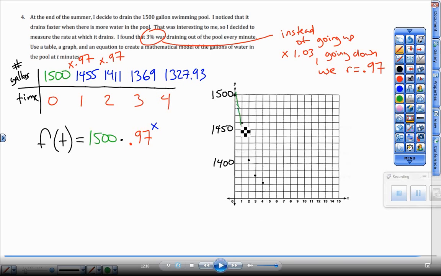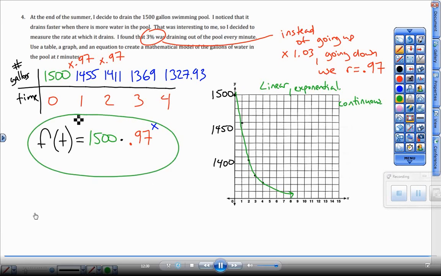Notice, do not draw a straight line through these exponential geometrics. You want to try to curve your line best you can. No way will this be a straight line. So even though the data you have might be straight, eventually it will curve out. So make sure you do that. This problem is exponential using the explicit form. It is continuous. All those things you need to know.